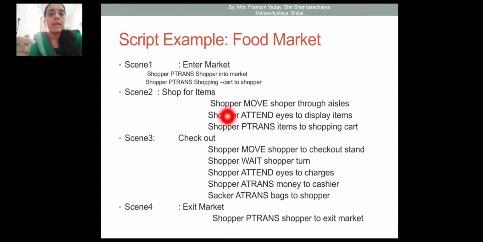We do the payment and we exit from the supermarket. So all of this is given in these 4 scenes: entry to the market, shop for items, checkout and exit the market. These are the actions performed in each scene.